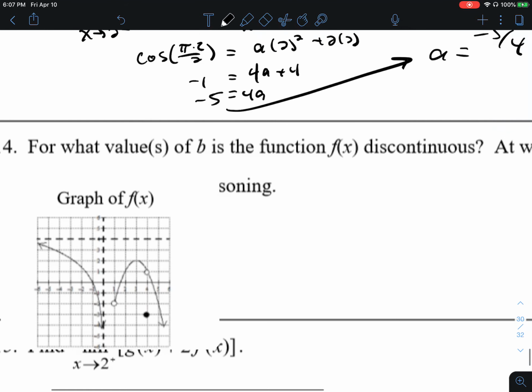So when is it discontinuous? So we would say that f of x, well, let's do this. I can do better.